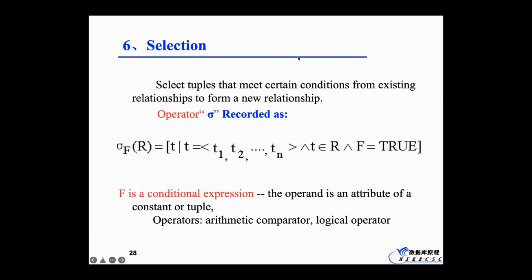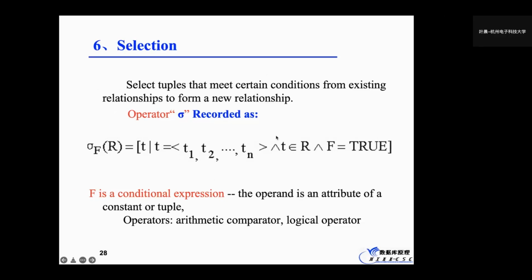Then let's see what we call a selection. Selection means we select tuples that meet certain conditions from existing relations to form a new relation. We write the notation like this, which means it is a tuple from the relation R that satisfies the constraint F. So here F means the constraint should be true.